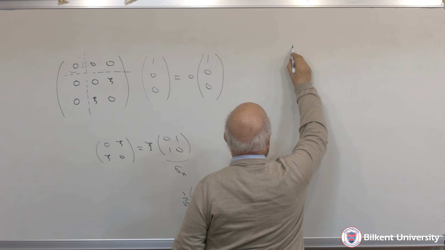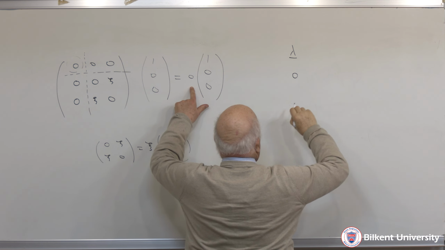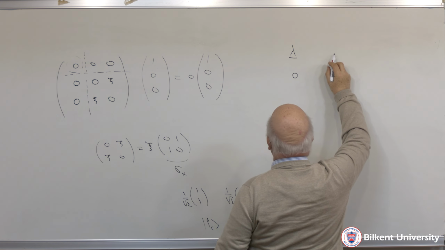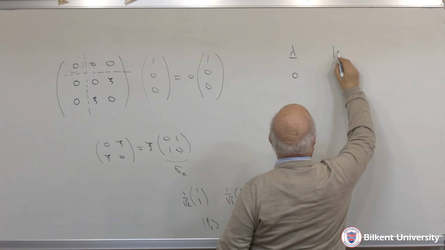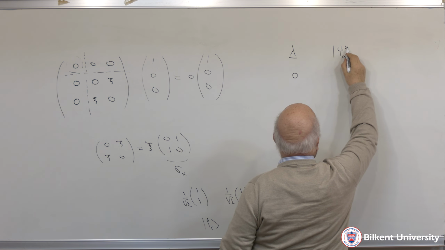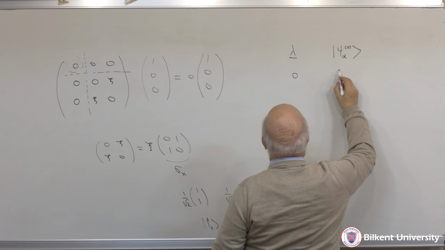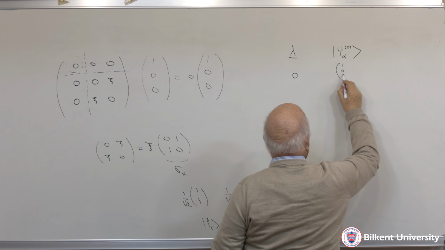So let's list the eigenvalues and eigenvectors. The eigenvalue 0 has an eigenvector, psi alpha zero, corresponding to that eigenvalue, which is (1, 0, 0).